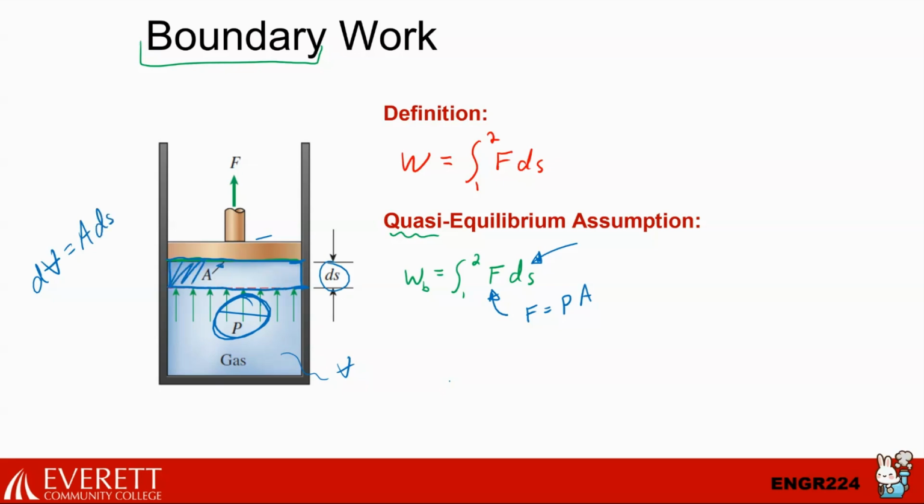This chunk looks 2D, but it's actually 3D, and is the volume that we're going to be analyzing. So if I rewrite this and say ds equals dV over area, that's what I'm going to put in for my ds term. Ultimately, my work at the boundary from 1 to 2, with my pressure term in there as the first part and my dV term as the second part, there's the A.